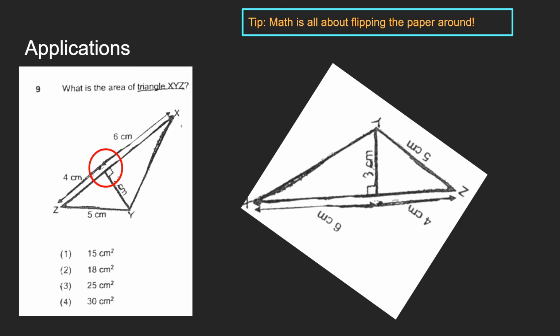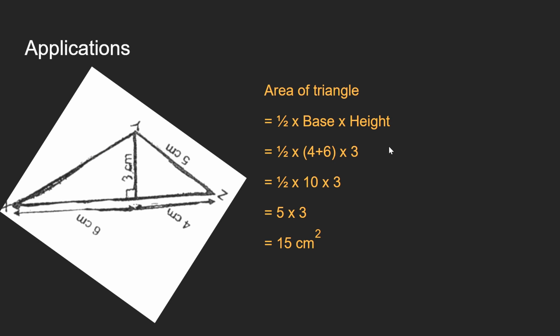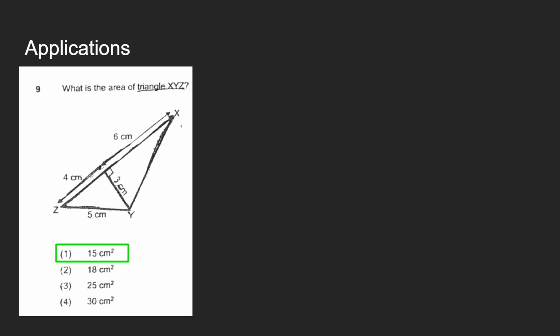This line here is our perpendicular height, and with that we can find the area of the triangle, which is half times base times height, which is half times 4 plus 10, which is our base, times 3, which is our perpendicular height. Doing that, we get 15 cm squared, and with that we get our answer.